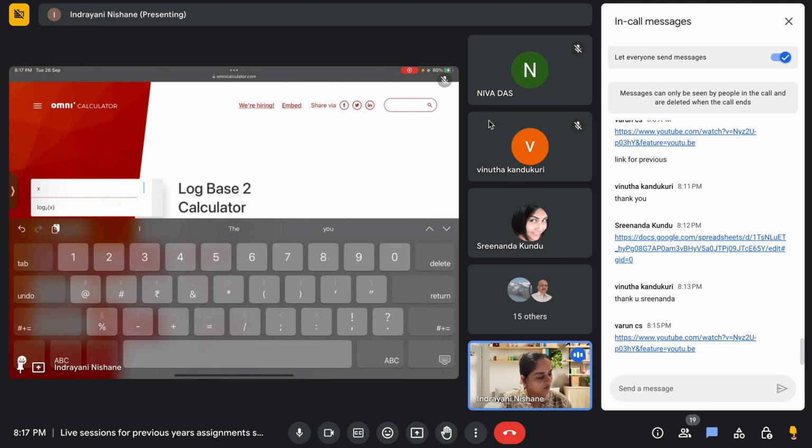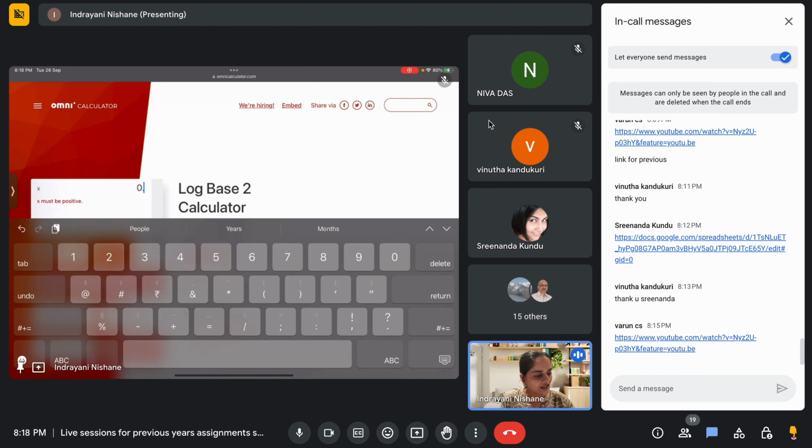Now let us do 0.001, which is a negative value. Then 0.01, 0.1 is minus 3, 0.2, 0.3. Somewhere it will come to this.